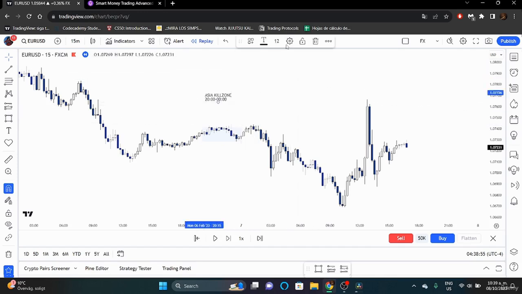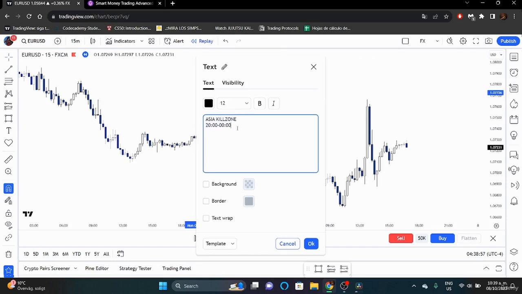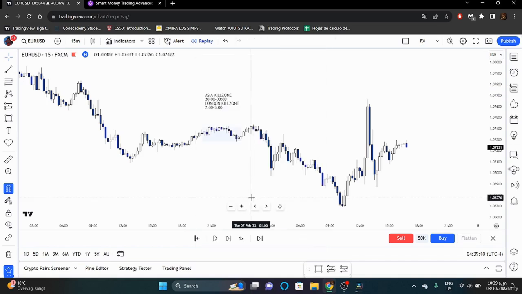Now, then we have our London kill zone, which is from 2 o'clock to 5 o'clock. Okay, we can expect manipulation on the opposite side we're actually wanting to go. So we opened at 2 o'clock right here, at this candle.